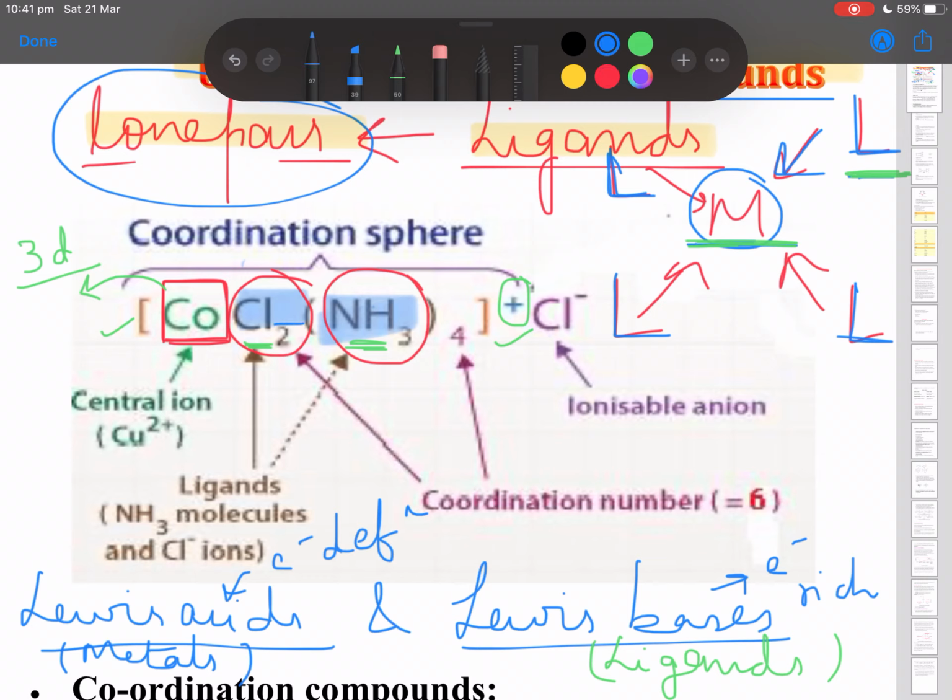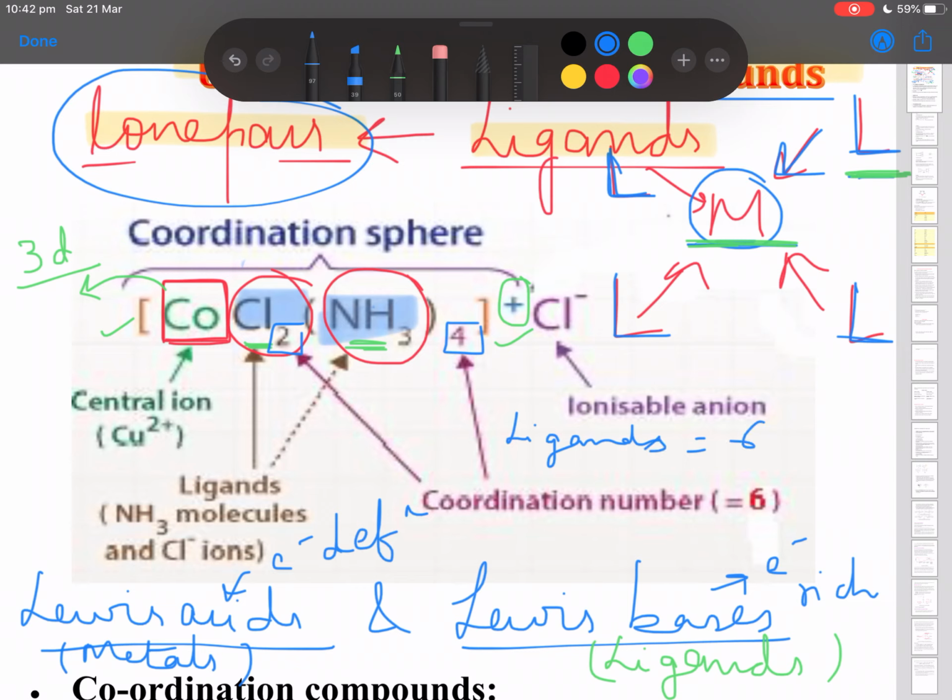You can see here chlorine is 2 and NH3 amine is 4. So what is the total number of ligands over here? 6. The total number of ligands comes to be 6.